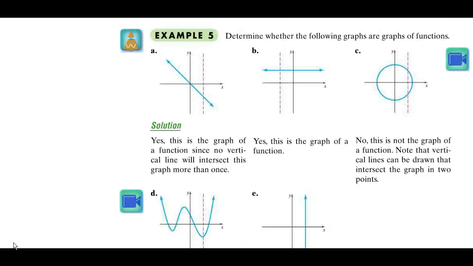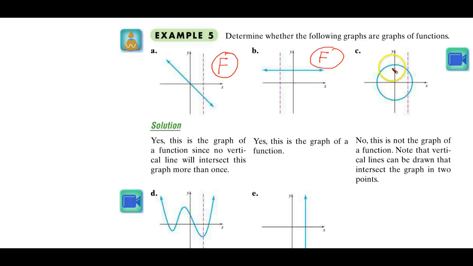And hopefully something easy. Let's take a look at this. Here are some examples of different graphs we might have. Does this pass the vertical line test? Yes. And does this one? We just had this. Yes.